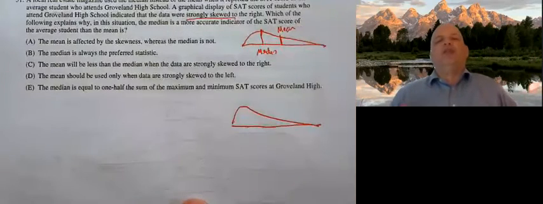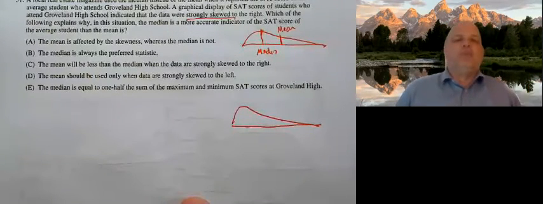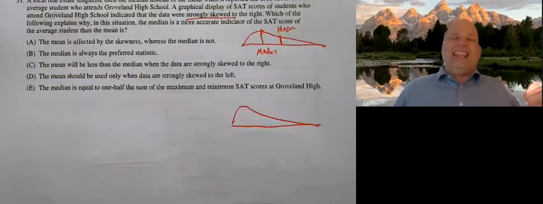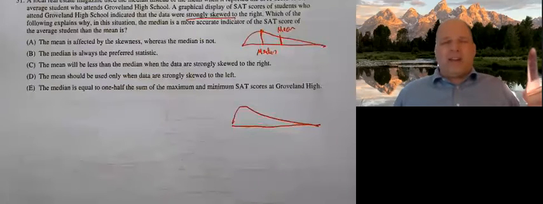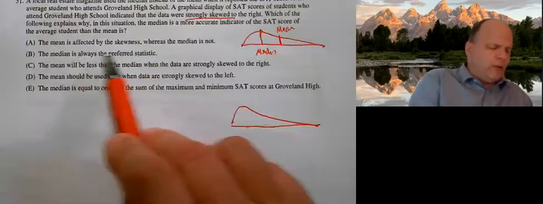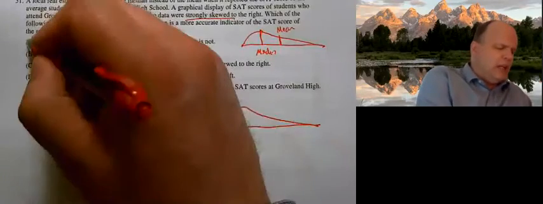So the mean stretches it higher or lower than it should be. So when we have skewed data or outliers, we like to use the median. The median is not affected by skewed data because it's the middle 50%, whereas the mean is affected by skewed data and outliers.